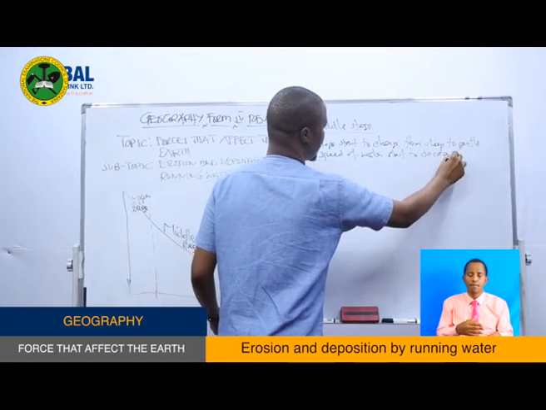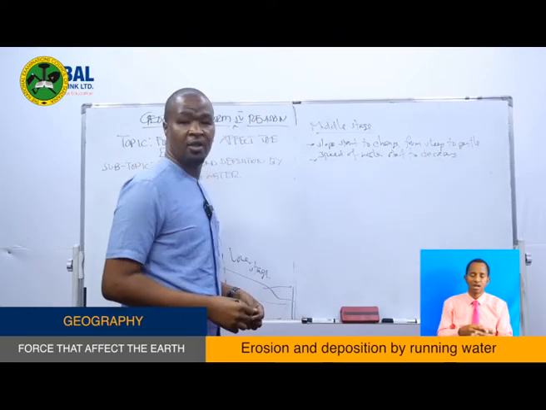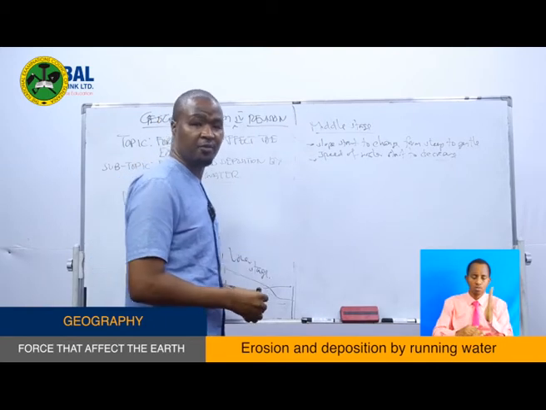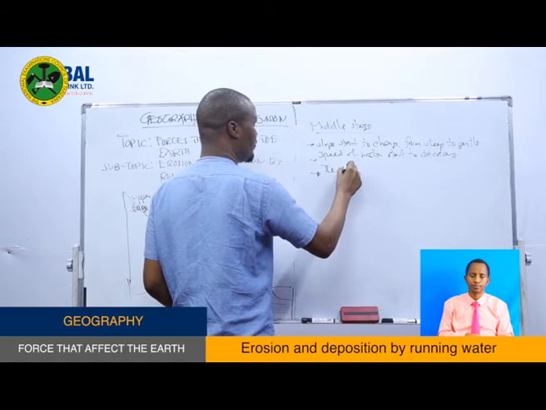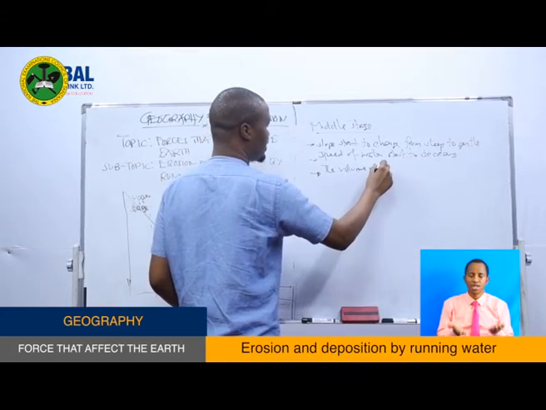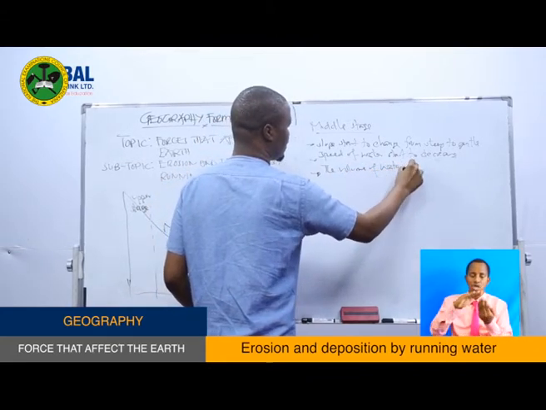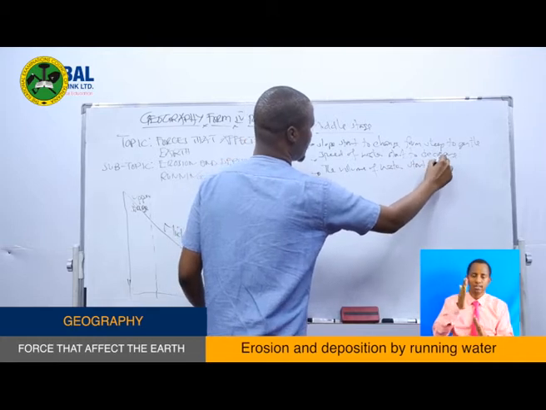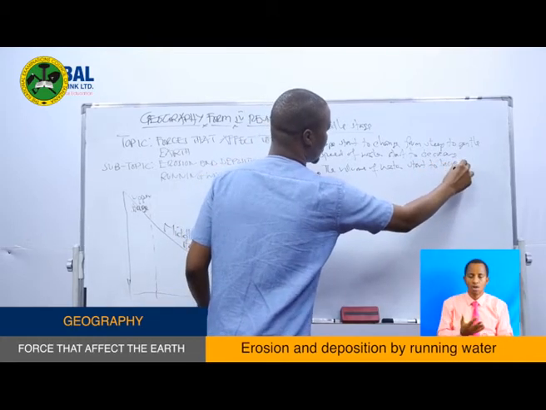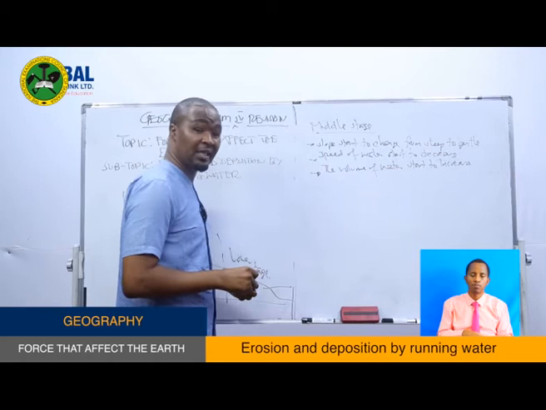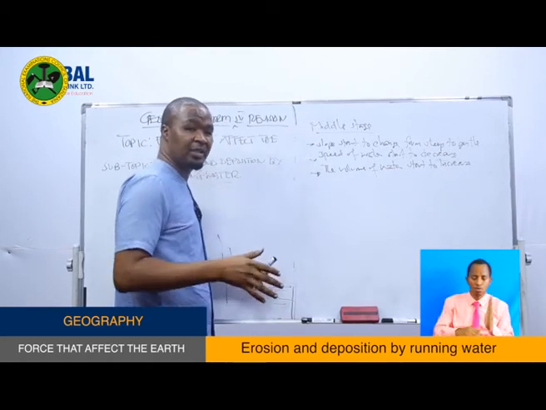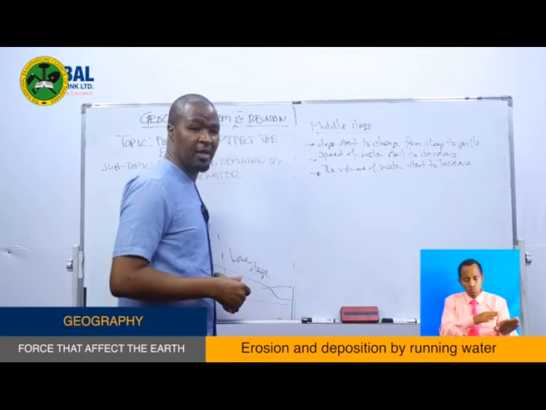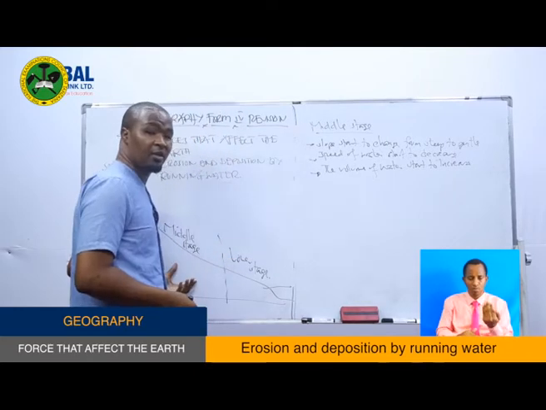Why? Because there is a decrease in slope from steep to gentle. Then the volume of water starts to increase. Why? Because the water is starting to decrease its speed, so it will start accumulating at the middle stage right here.